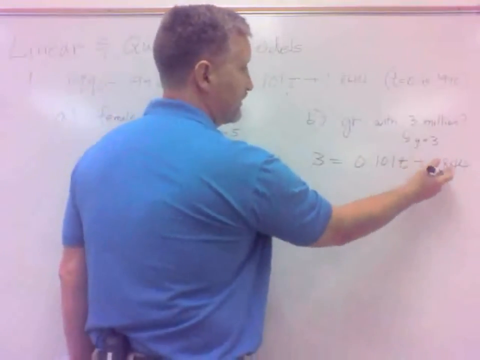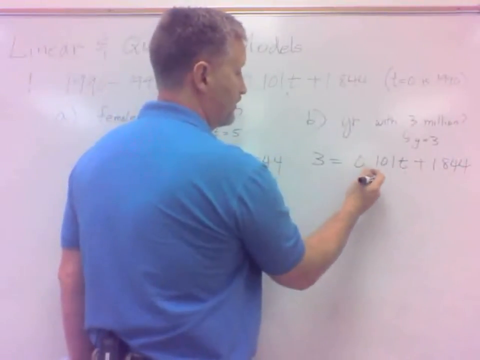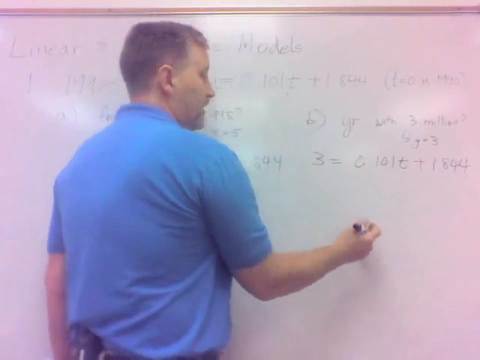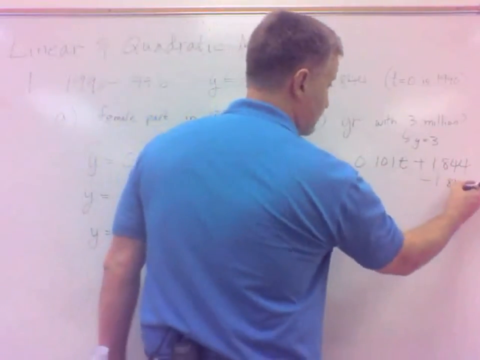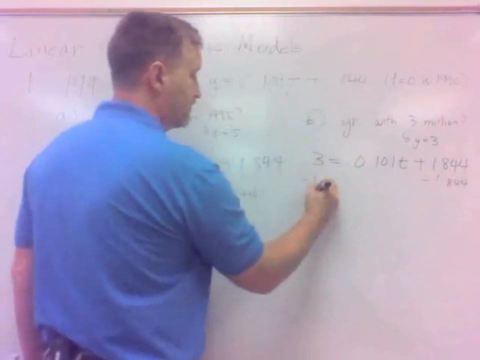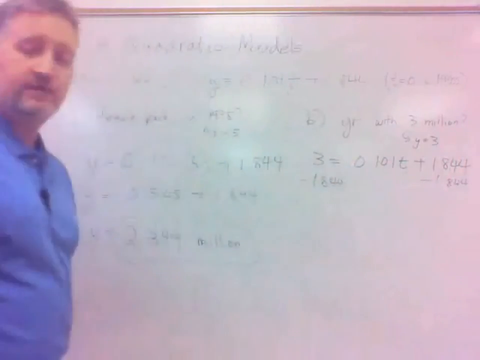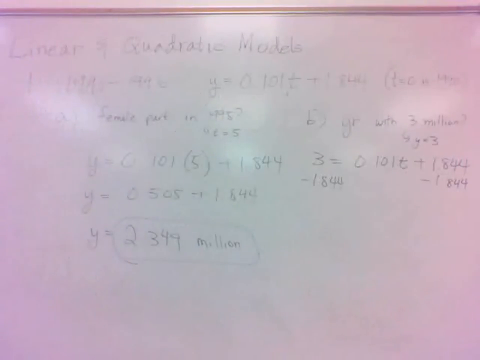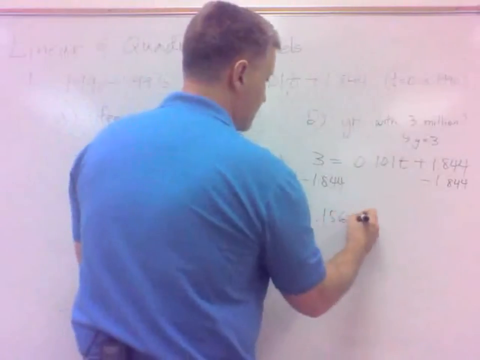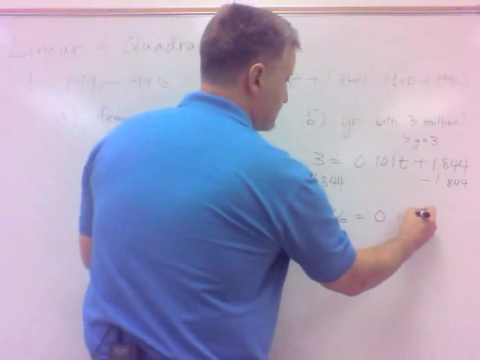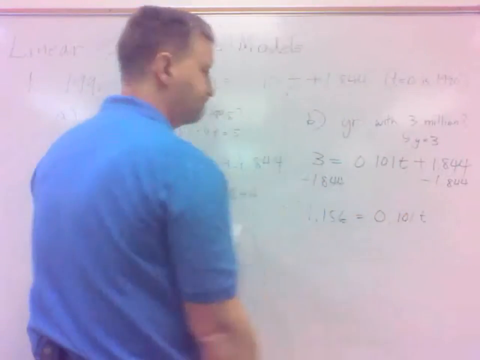Well, I need to get rid of the 1.844 and the 0.101. The way I would do that, subtract the 1.844 first of all: 3 minus 1.844 on both sides. That would be 1.156, and this side would be just 0.101t now.